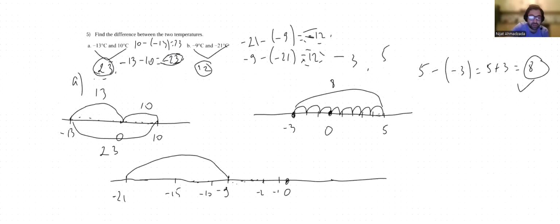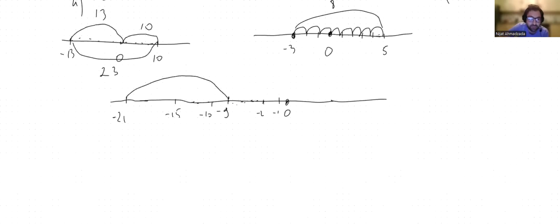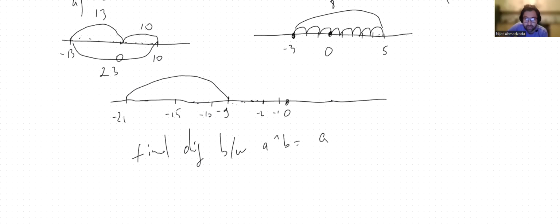So if they are asking about finding the difference between A and B, we're just going to have A minus B, or B minus A. They are the same things because think about this. Find the difference between 3 and 5, right?